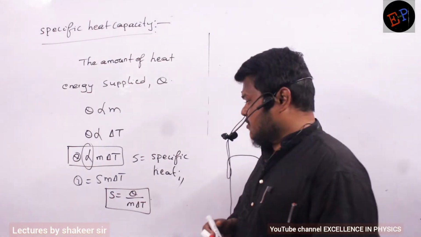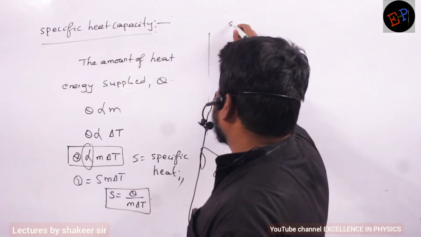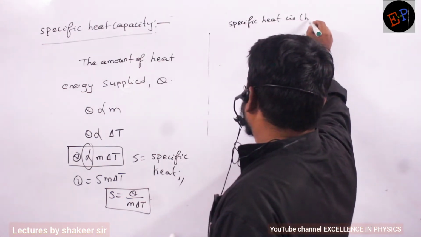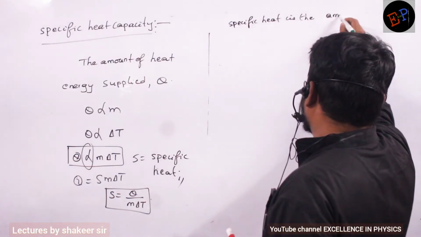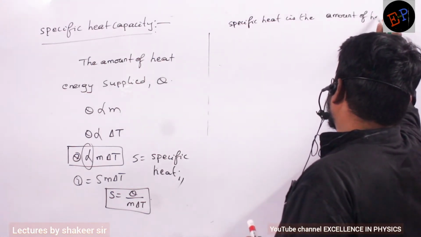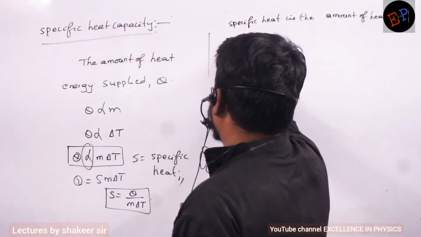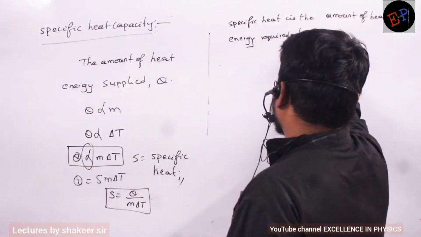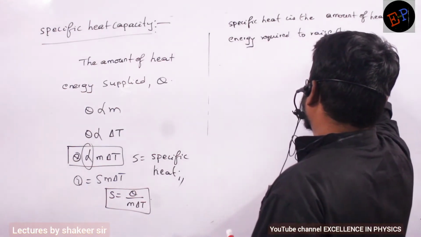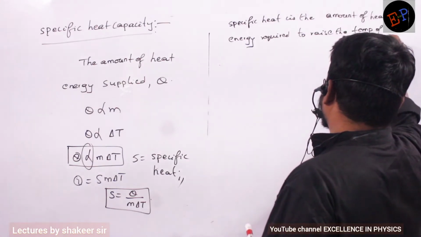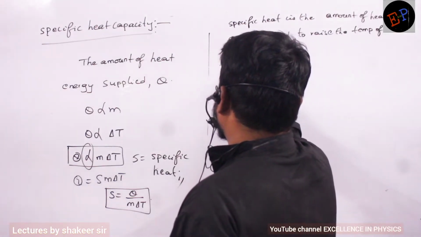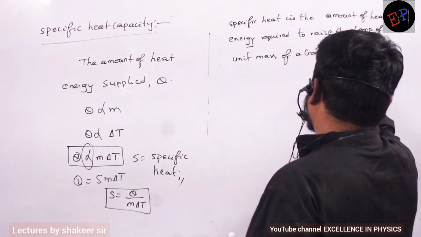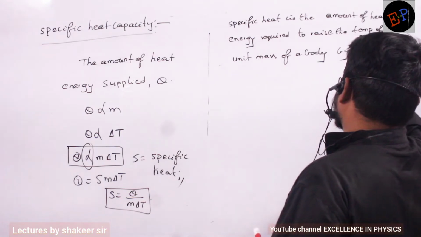So let us first write the definition of this. Specific heat is the amount of heat energy required to raise the temperature of unit mass of a body by unit rise in temperature.